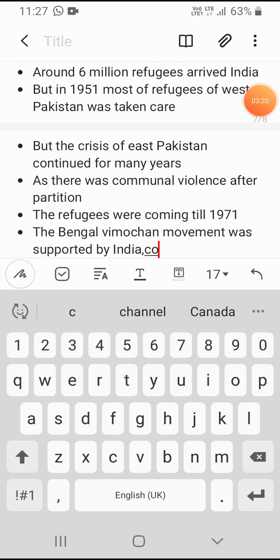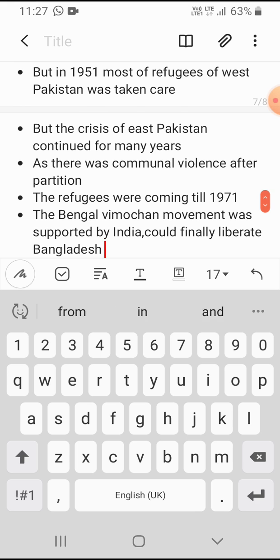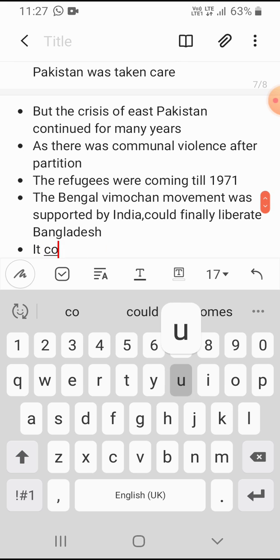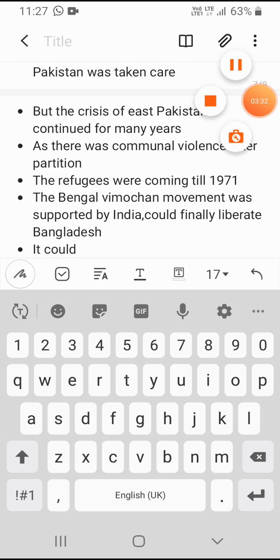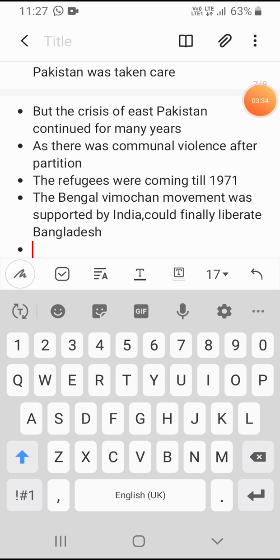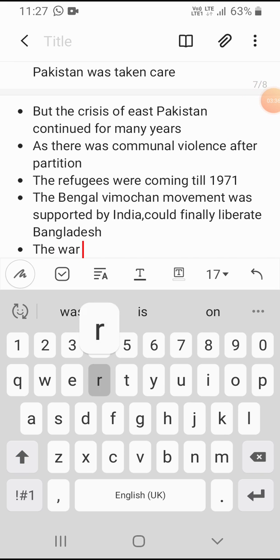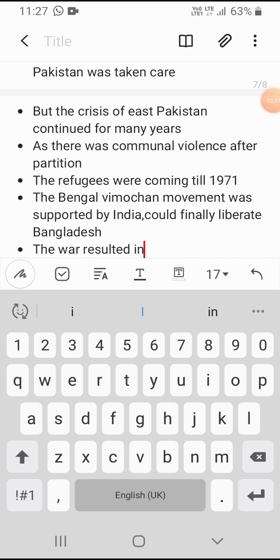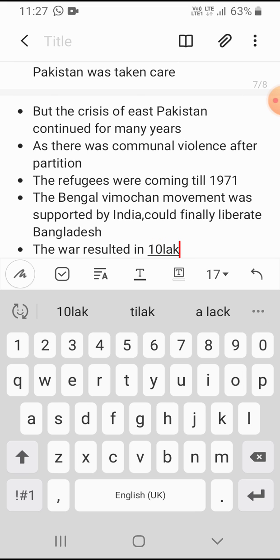Finally Bangladesh was liberated, and there was a war. The war resulted in the arrival of 10 lakh refugees.